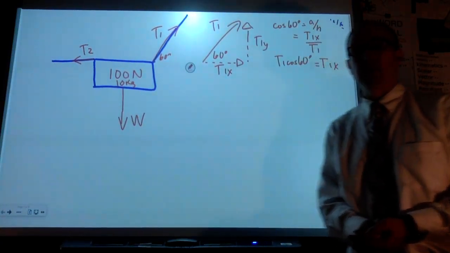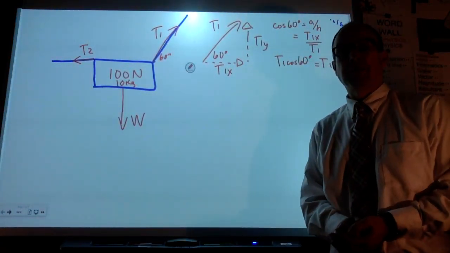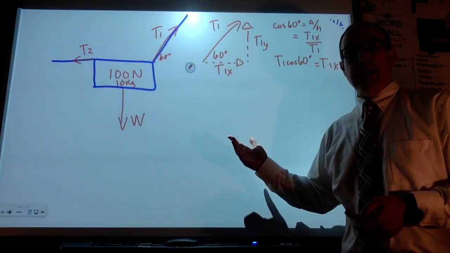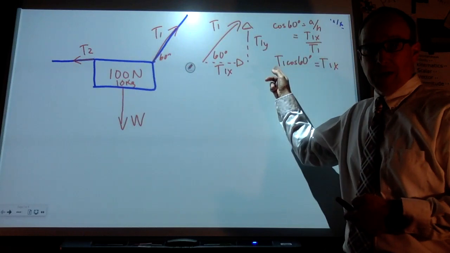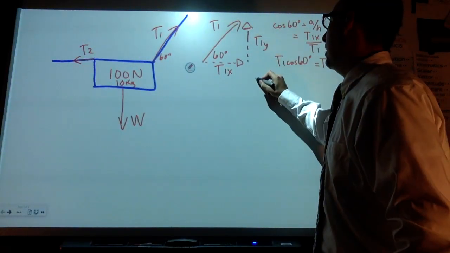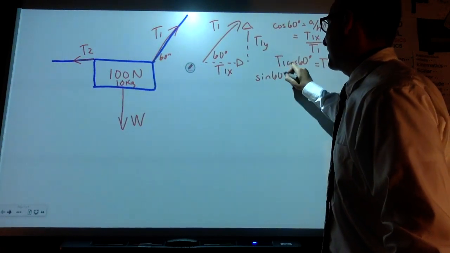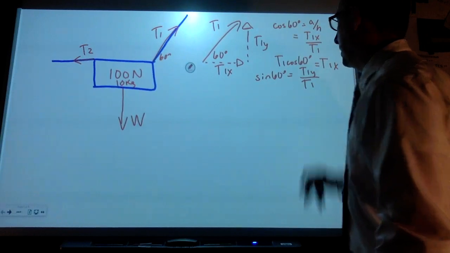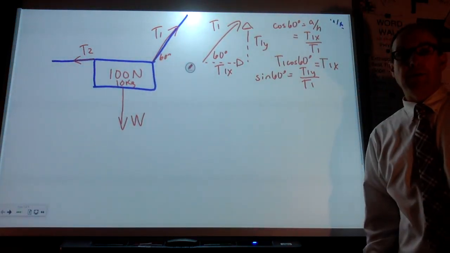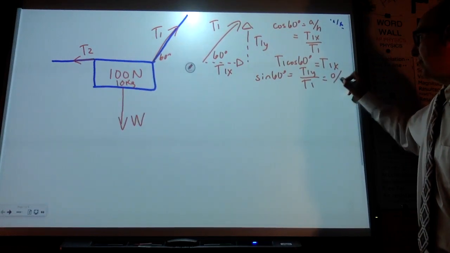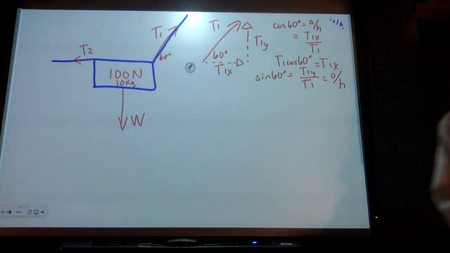This is useful to us because we wrote this component in terms of something that is real. I'm going to do the same thing with the opposite side, T1y. And I'm going to say that the sine of 60 is going to be T1y over T1, because that's opposite over hypotenuse in our SOHCAHTOA.